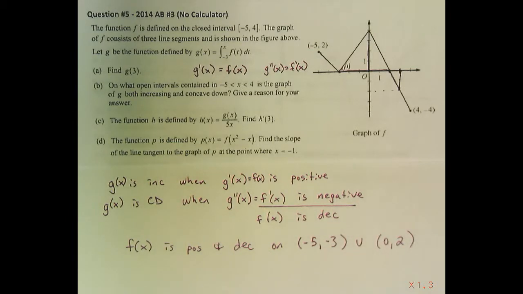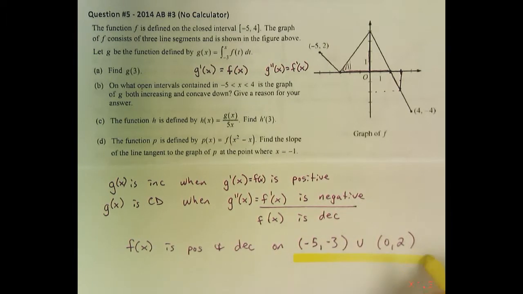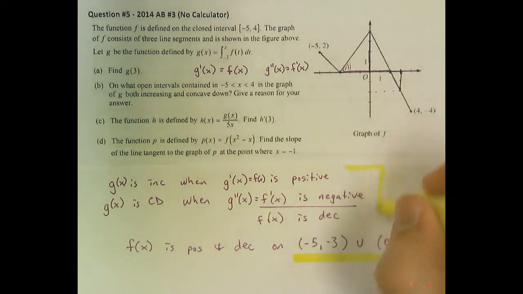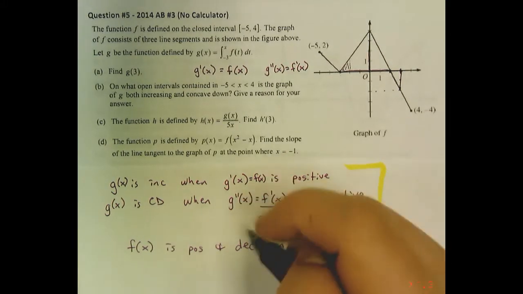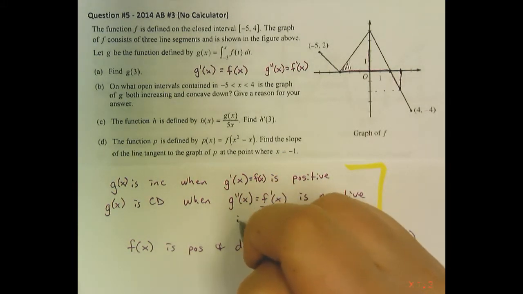This is worth 2 points. Your first point comes for the answer, and your second point comes from the reason. So let's go ahead and put this in parentheses, i.e.